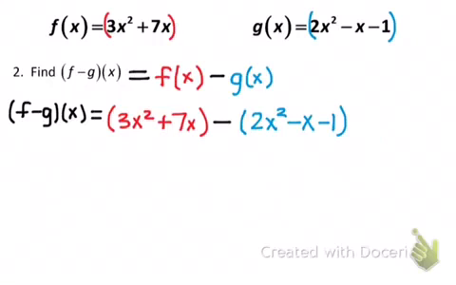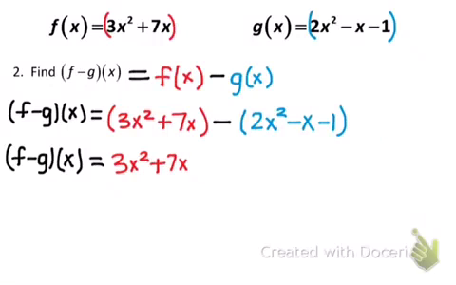This is where the parentheses really come in handy, because since we're subtracting our whole g(x) function, we are going to have to distribute a negative 1. So (f - g)(x) is equal to, my original f(x) doesn't change, but I do need to distribute that negative 1 to every term in my g(x) function.